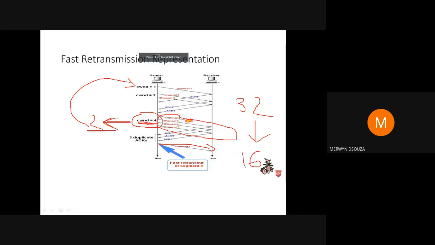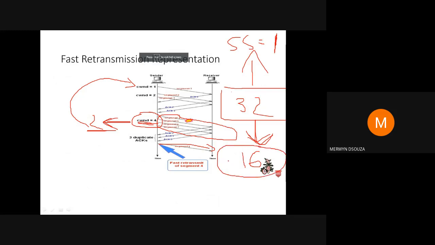So you can imagine that if fast recovery was not there, and some packet was lost during this phase, we would start with slow start. Slow start means the congestion window has to always start with window size equal to 1. Because we are using fast recovery, whenever a packet is lost, we reduce the window size by half, so we can start transmitting 16 packets.